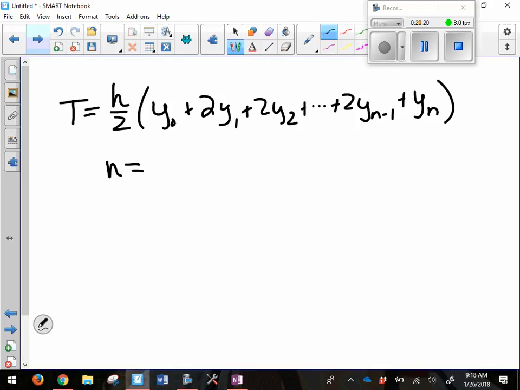Sari, how many subintervals am I going to have? 8. Okay. And what's the height, h, of each of my subintervals going to be? b minus a over 2. No, 1, because b is 8, a is 0, and I'm going to divide it by 8.